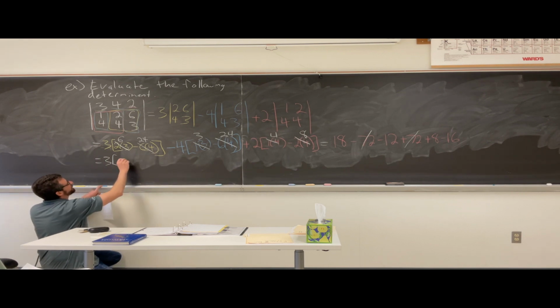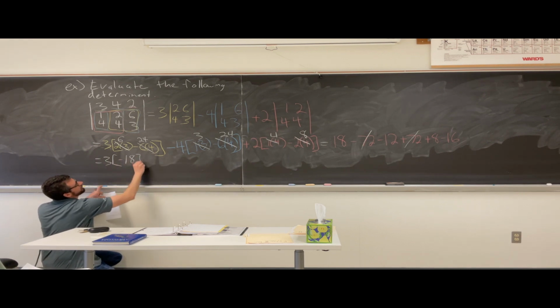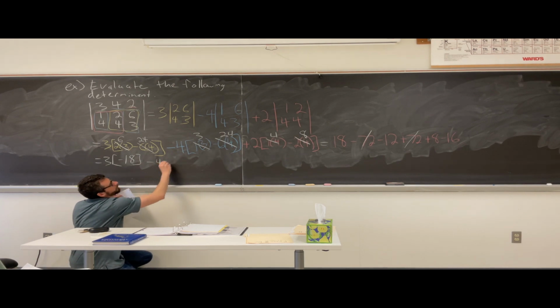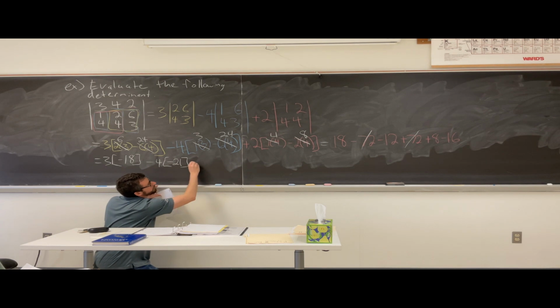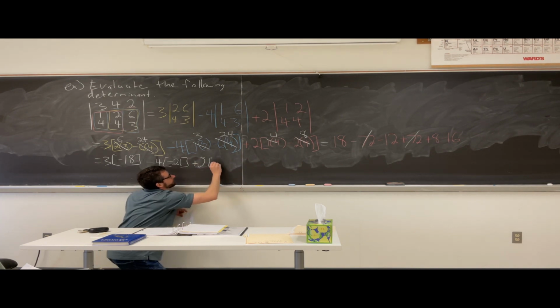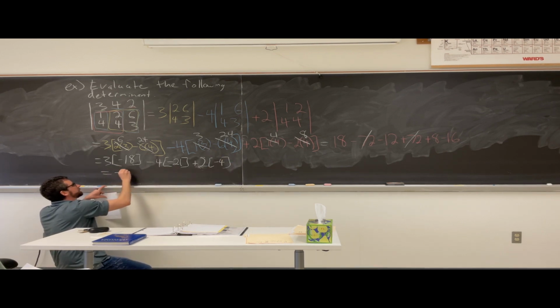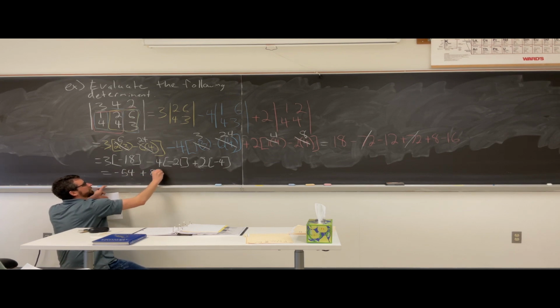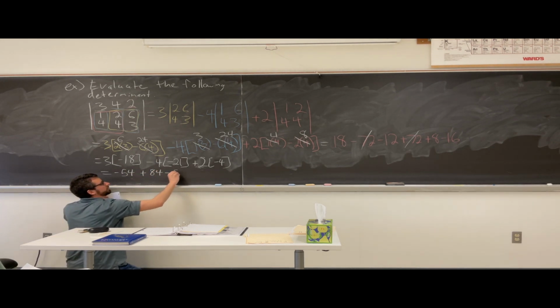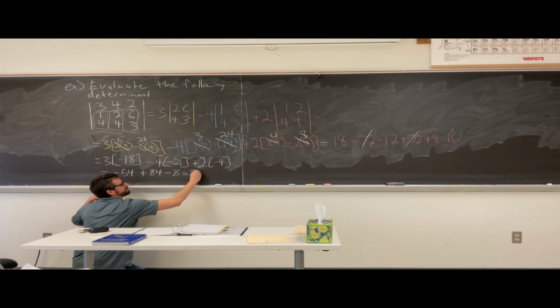Let me make sure. Okay, so negative 18 here, right? And then the next one's negative 21, plus negative 2 times negative 4. Yep. Okay, so then here, negative 54, positive 84, and negative negative 8. And that is 22.